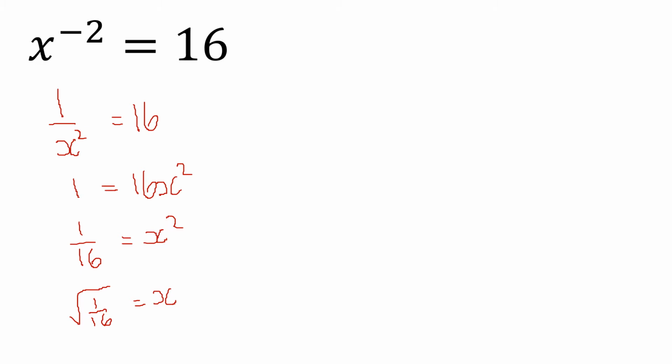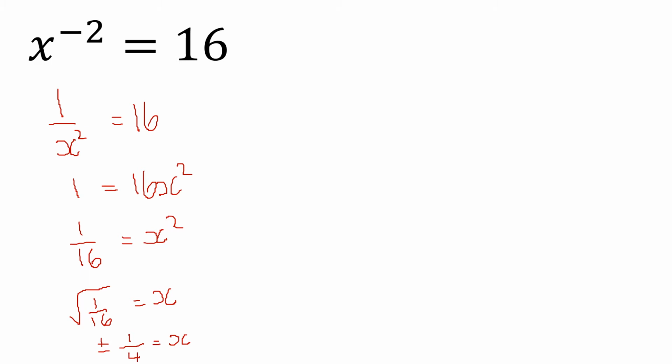We can simplify this further: the square root of 1 is just 1, the square root of 16 is 4, so x is equal to 1/4. But we need to be cautious, because when we take the square root of something, we get the plus and minus solution. So x is plus or minus a quarter.